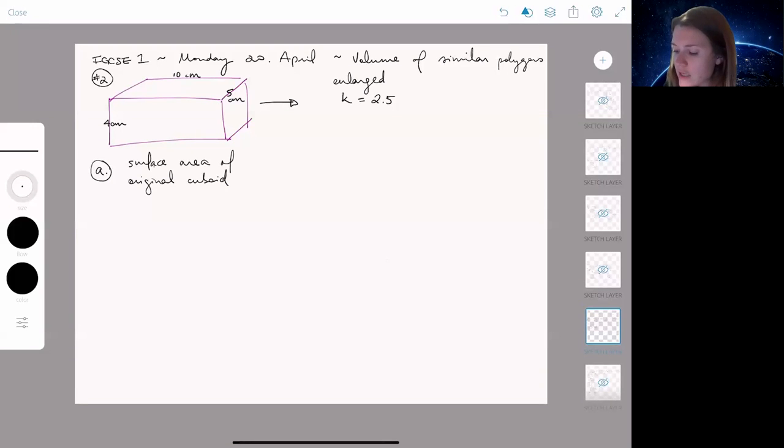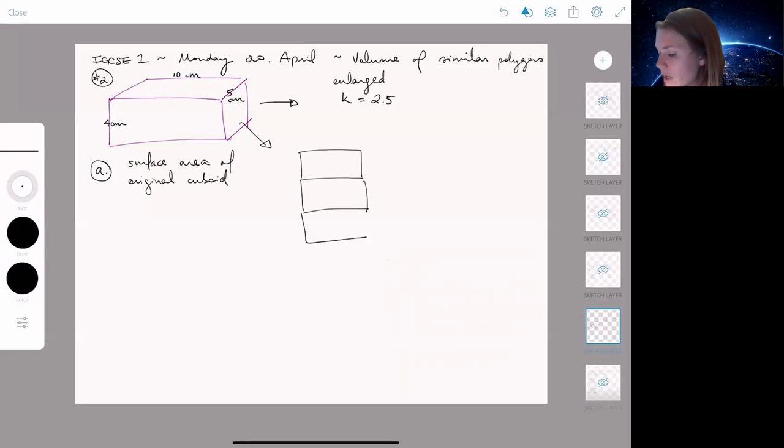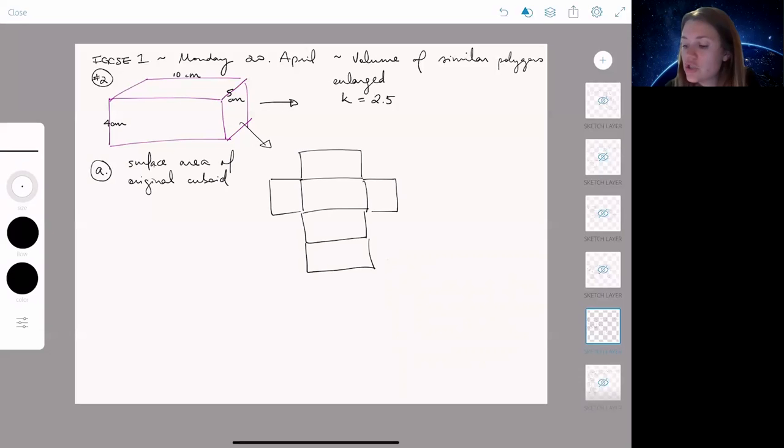What we need to do for this is, if I were to take this and draw a net, I would end up with something that looks like this, right? If I were to take that shape and unfold it, it would give me something that looks a little bit like this, right?